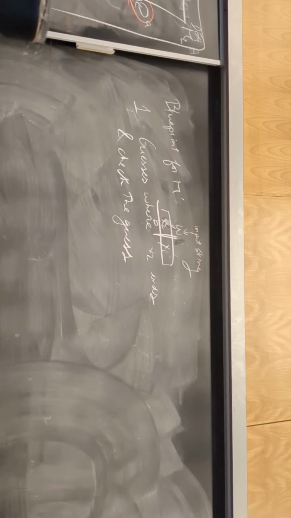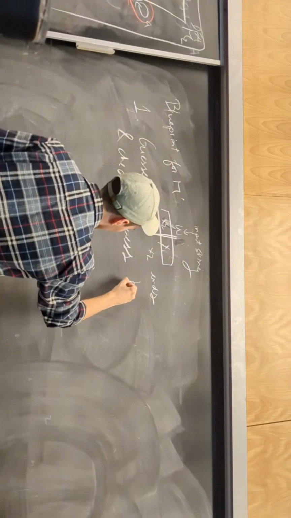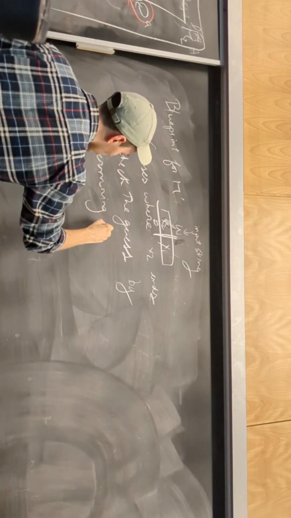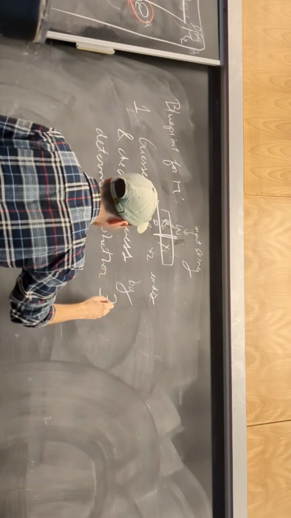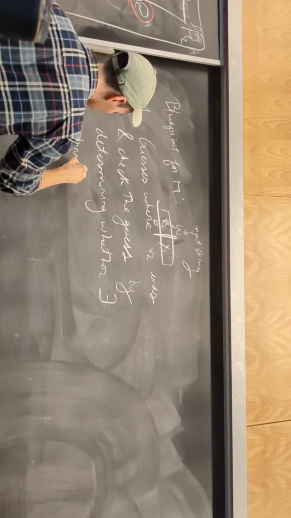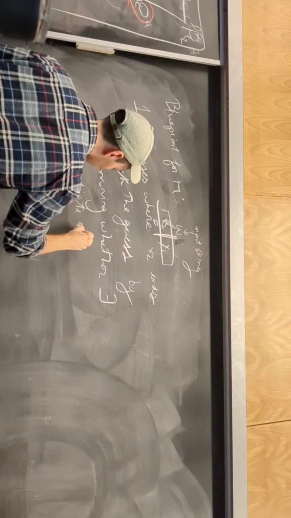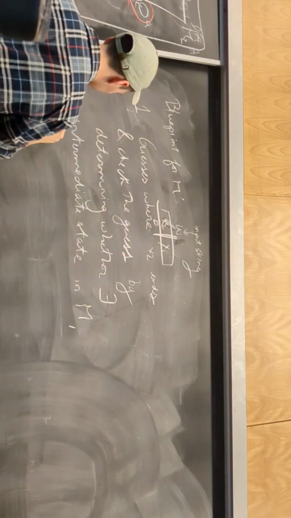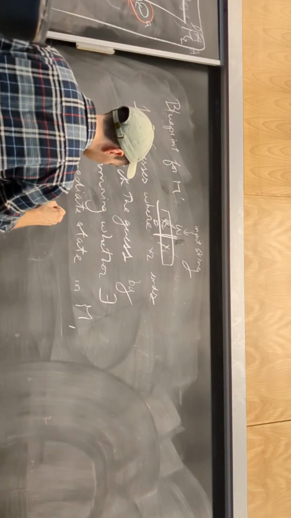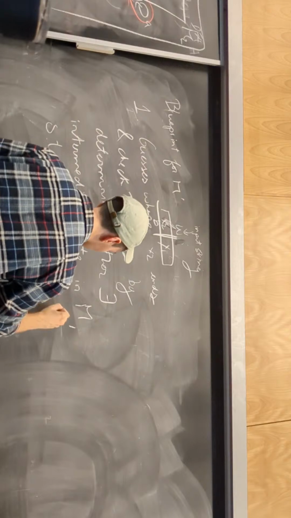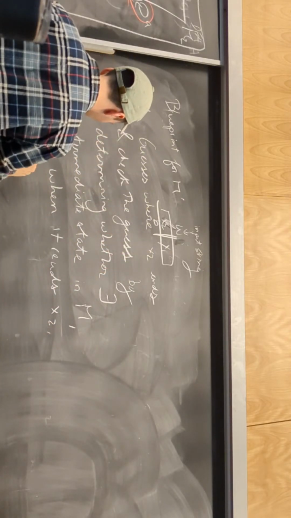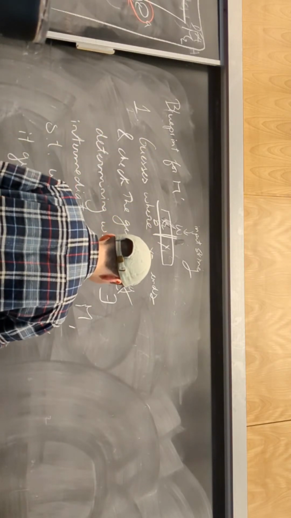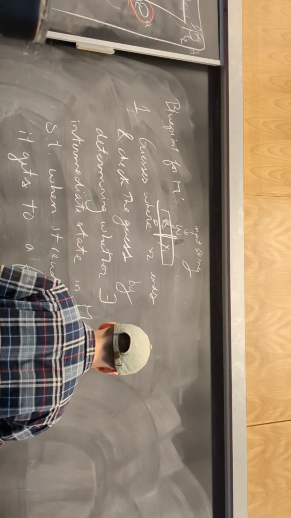Okay. So I need to check the guess by determining whether there is an intermediate state in M1 such that when it reads x2, it gets to a final state of M1.